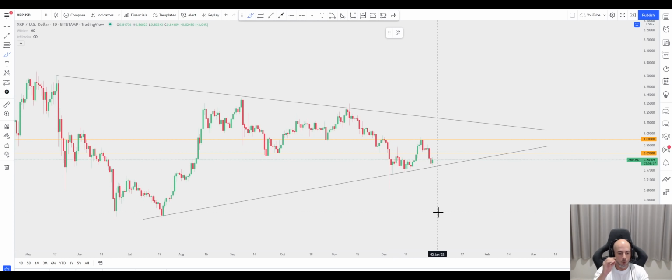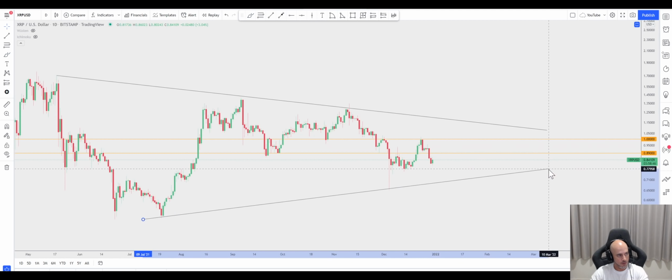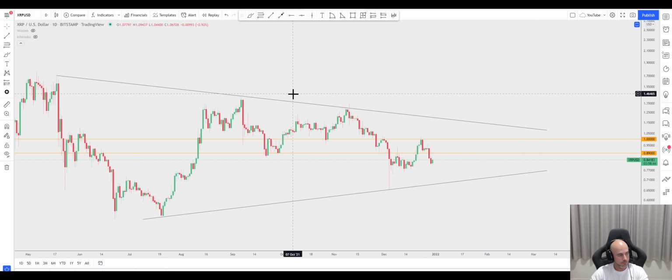XRP had one possible way to develop this that is invalidated now, which was lower section, right? Right here. Lower section, higher low. The first structure, then we went up.